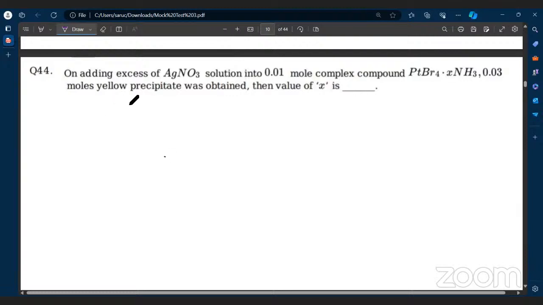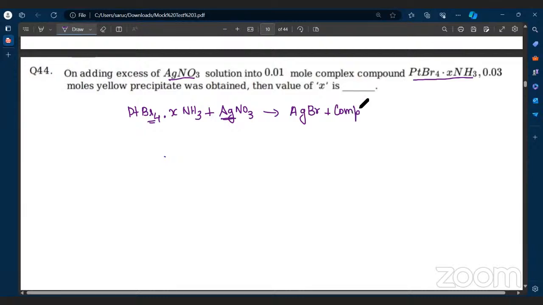We'll write the equation first. You're adding excess of AgNO3 to this complex, PtBr4 dot X times NH3. What will happen over here? Ag and Br will get precipitated as AgBr, plus you'll be getting a complex ion.